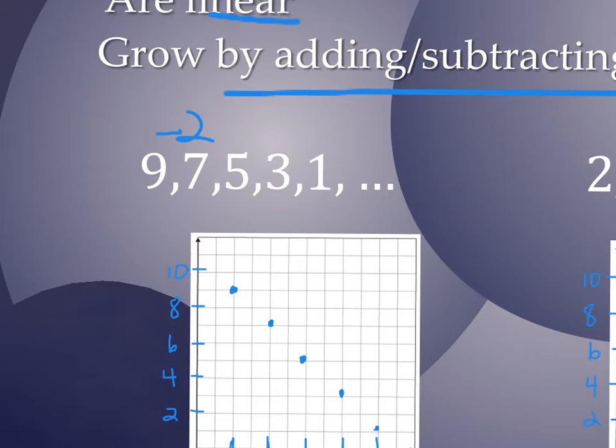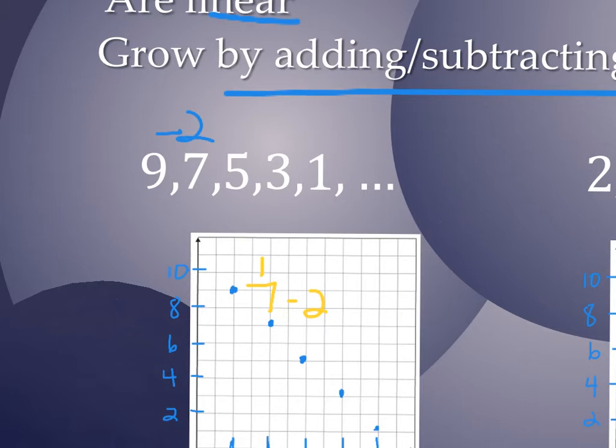But arithmetic sequences have that special factor of having only 1, 2, 3, 4, 5, 6 as its inputs or its domain. And because of that, the graph has these discrete points. They're not continuous. We're not connecting the points. But here we have a -2 for every one.